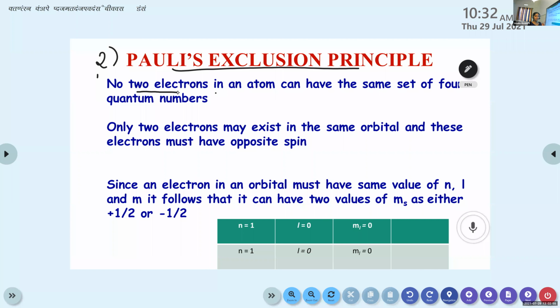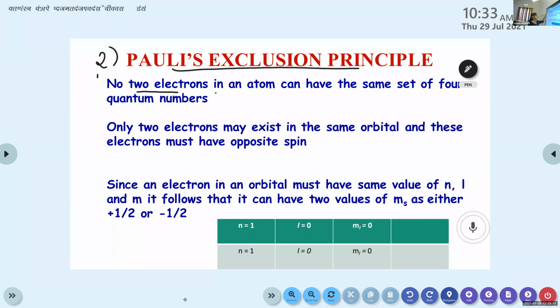Because you have to remember that in each orbital, the maximum number of electrons is 2, right? And I told you, in each orbital, if there are 2 electrons, one should have a spin of plus half and the other a spin of minus half.